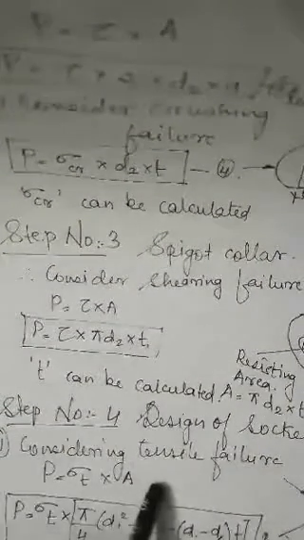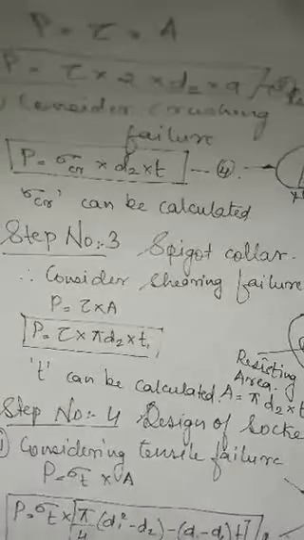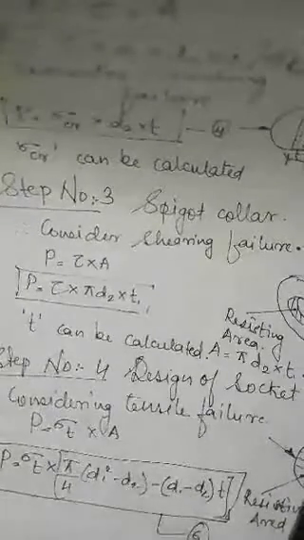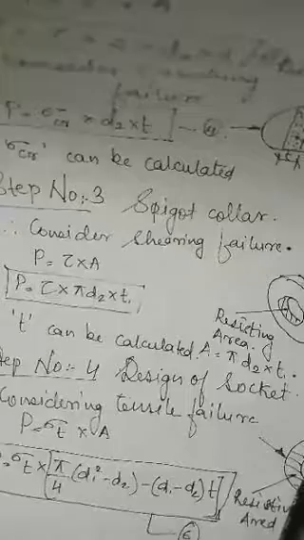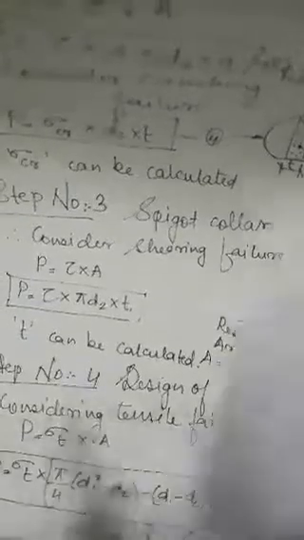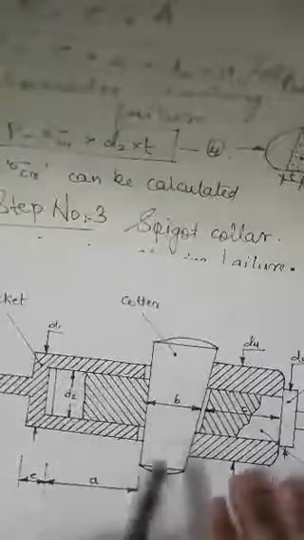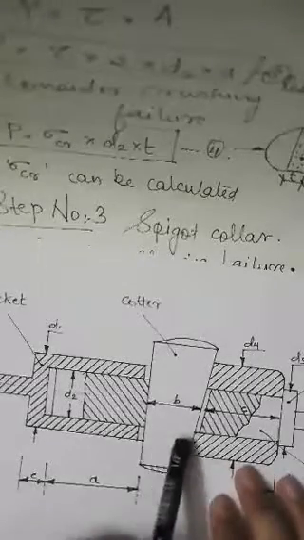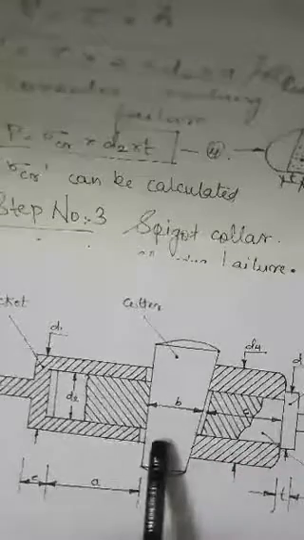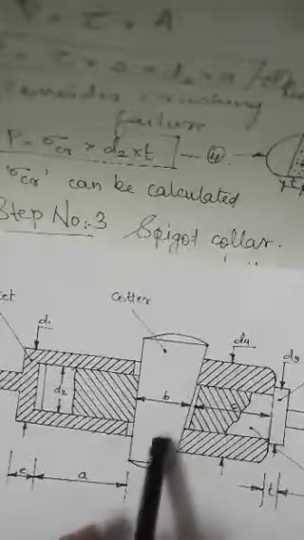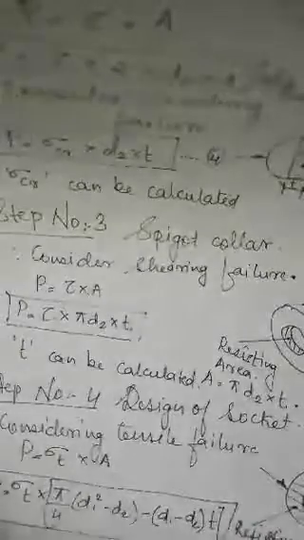Now for step number 4, we will design socket. First we will consider tensile failure. For tensile failure, we will consider the cross section area at which the hole is present, because this is where the socket will become the most vulnerable, causing it to mostly break at the part where there is a hole.